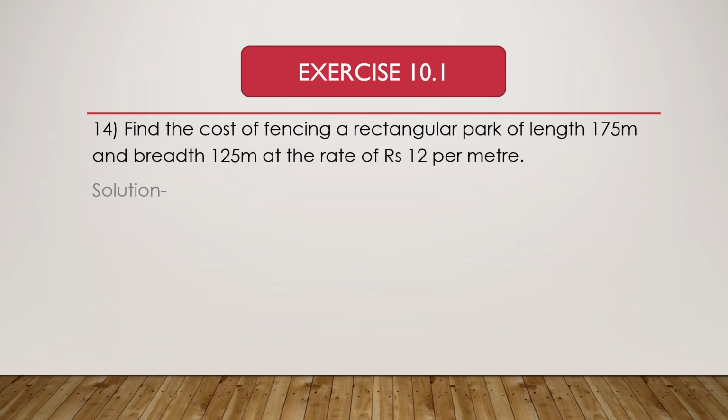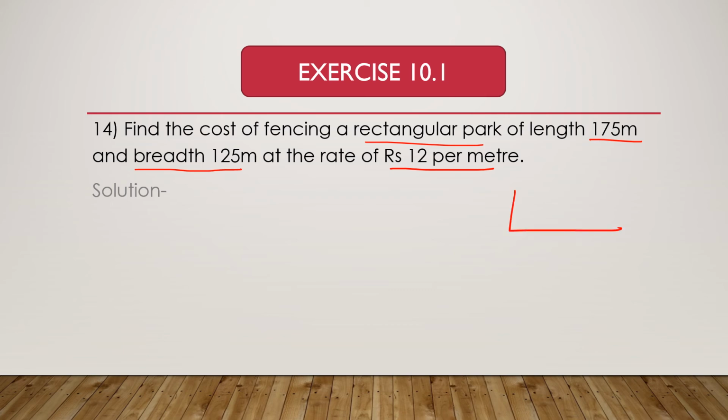Now we solve question number 14. Find the cost of fencing a rectangular park of length 175 meter and breadth 125 meter at the rate of 12 rupees per meter.